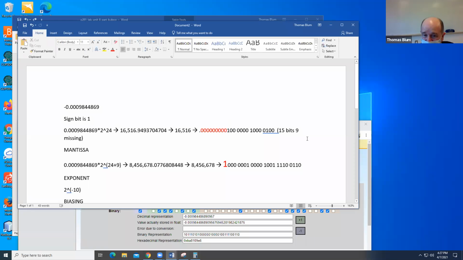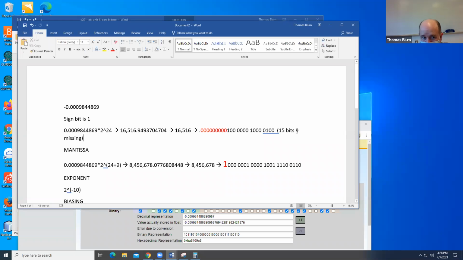I'm supposed to have 24 bits, but I got 15 bits and I'm missing 9. So I think of that number, as it was less than 1, as the dot with the 9 zeros out front.